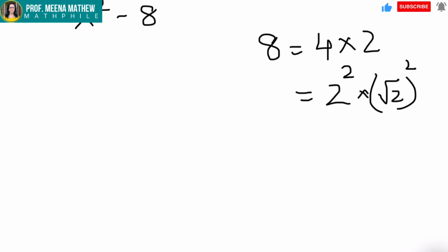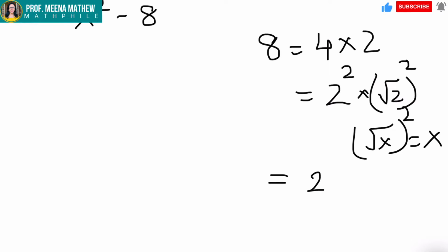Any square root we square, we will get the same number without a square. Square root of x square equals x. So here 2 times root 2, square, because the square is common for both 2 square and root 2 square. So we got 8 equals 2 times root 2 square.